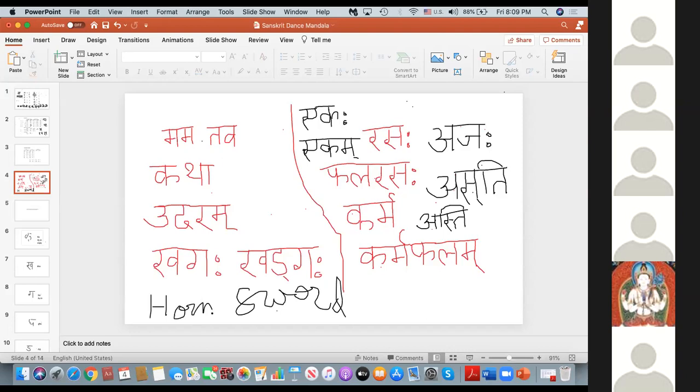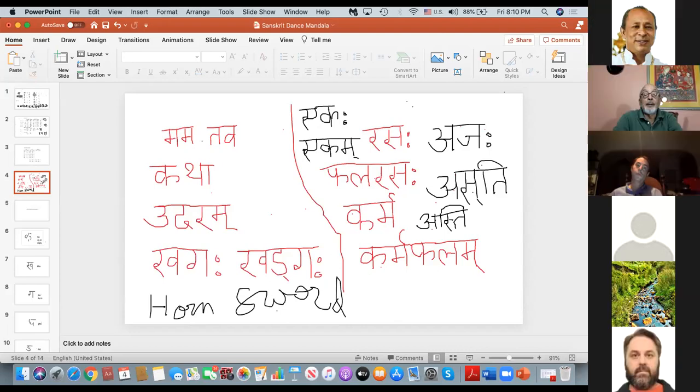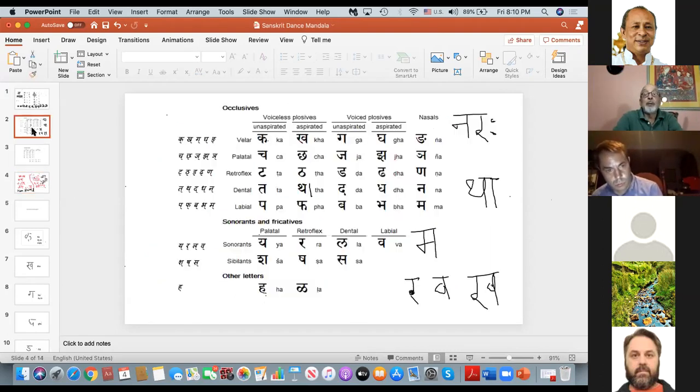Okay. So I see the ka, but the second letter of sword, what letter is that? Can you tell me what letter that one is? Yes, the second one. It is this one.